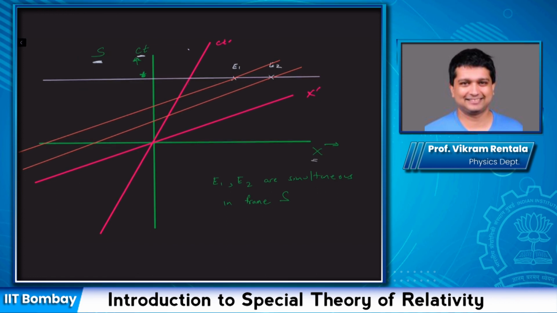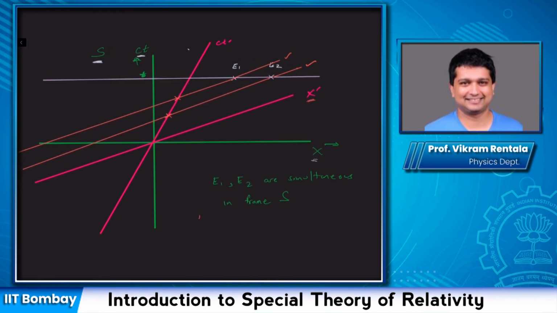So I've drawn the lines over here. This line is parallel to the x prime axis and it passes through the point E1. This line is parallel to the x prime axis and it passes through the point E2. And now you see that these lines intersect the t prime axis at different points, which means the t prime coordinates of events E1 and E2 are not the same.